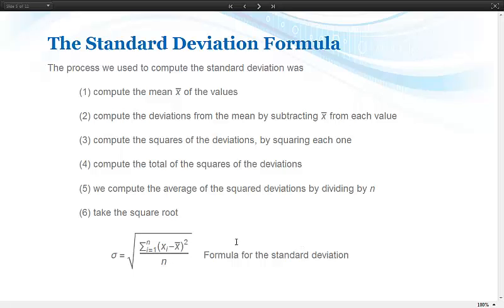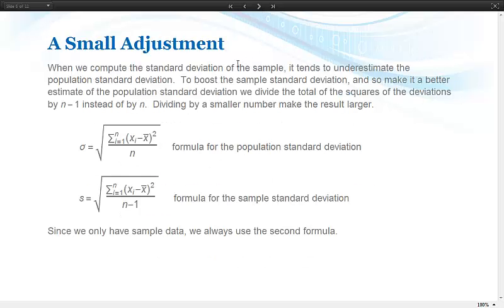But it turns out this doesn't work exactly right when I compute the sample standard deviation. I need to make a small adjustment. So when we compute the standard deviation of the sample, it tends to underestimate the true population standard deviation.